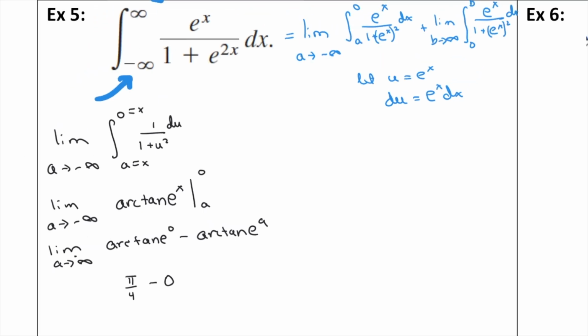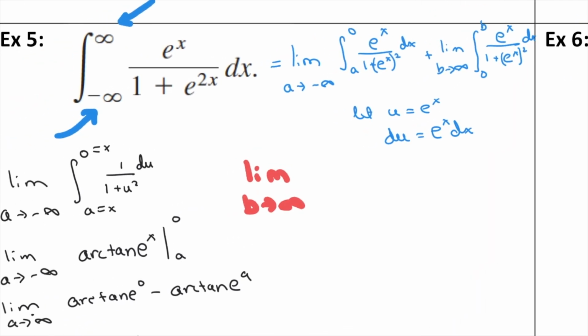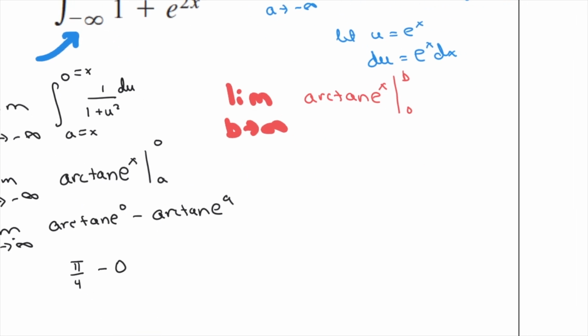We need to think about the second part of our problem, but most of the hard work's finished. Let's see. We will think about the limit as b goes to infinity. And this time, we're going to get the arctan of e to the x evaluated from 0 to b, in which case we then have the limit as b goes to infinity of arctan e to the b minus arctan e to the 0.